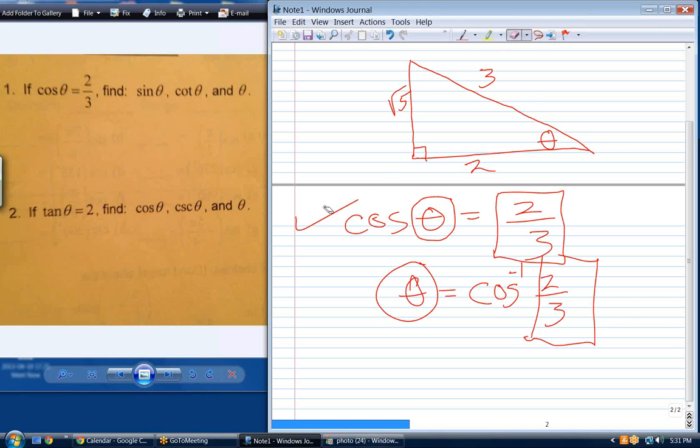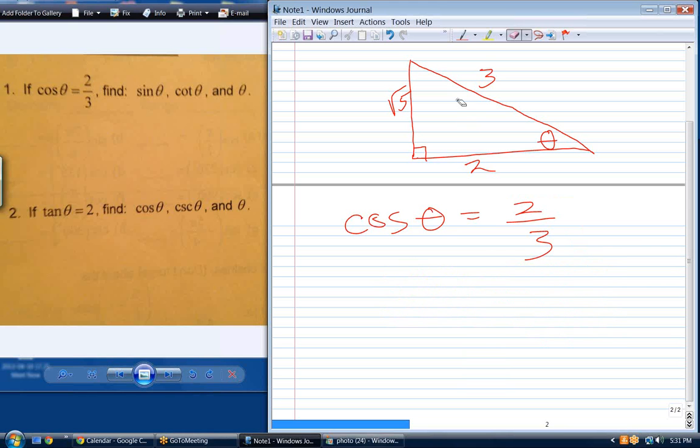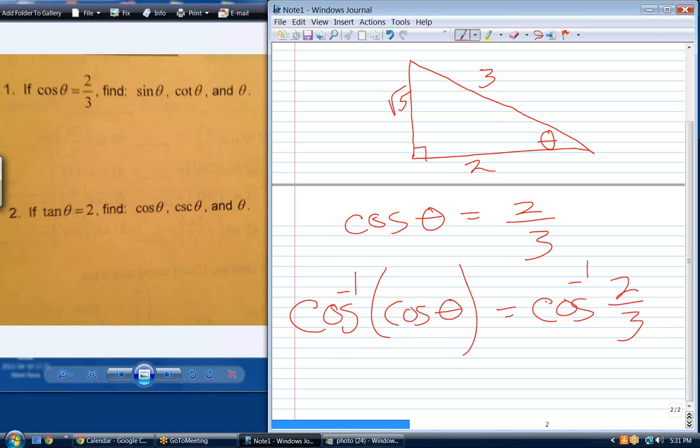Another way to look at this is to take the inverse cosine of both sides. So I'm going to take the inverse cosine of the cosine of theta, and the inverse cosine of 2/3. Well, this is theta. So theta equals the inverse cosine of 2/3.